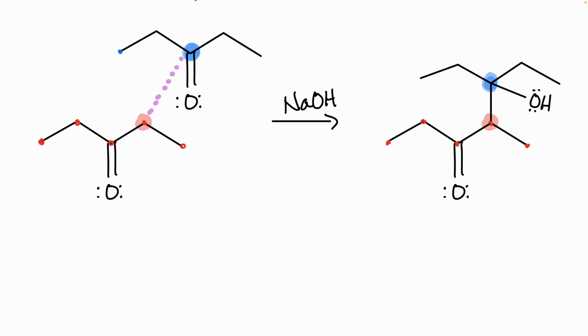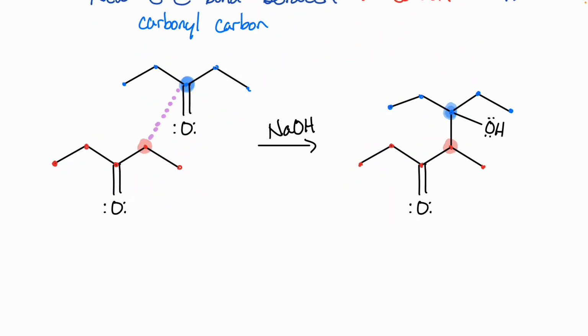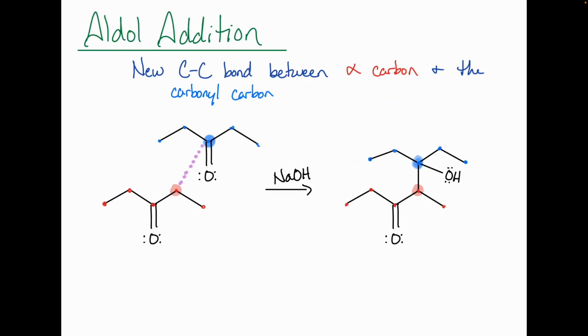So then I drew my 5 carbons about that carbonyl carbon. And then the last step is what happens to that carbonyl oxygen. It goes from being a carbon-oxygen double bond to a carbon-oxygen single bond when that carbonyl carbon gets attacked. So this is my aldol addition product here.